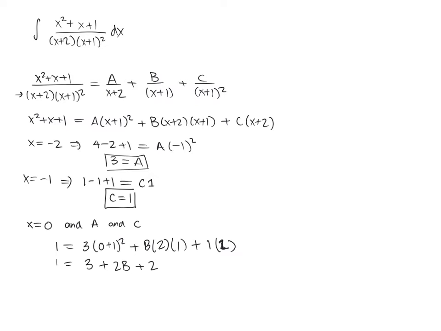Wait, no, I am. I just can't add. 1 equals 5 plus 2b. 2b is equal to -4, therefore b is -2. Great. And you will get the same answer if you pick a different x as well. x equals 0 is just easier. You could pick x equals 1, but 0 is a nice number.